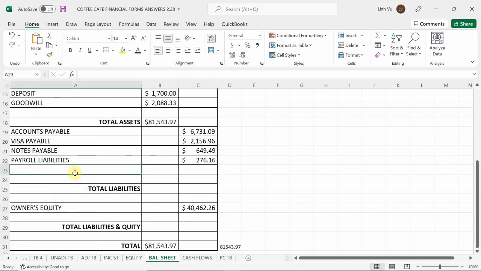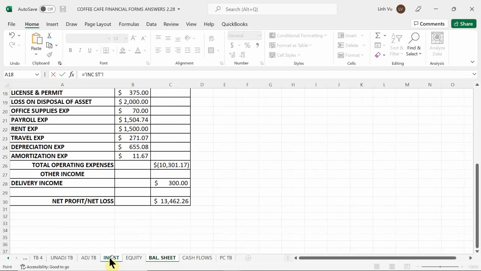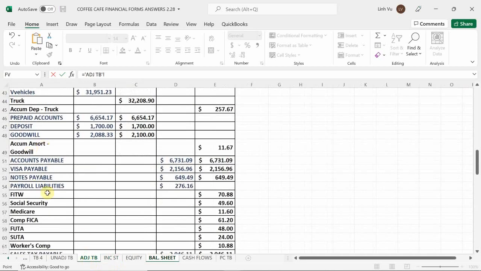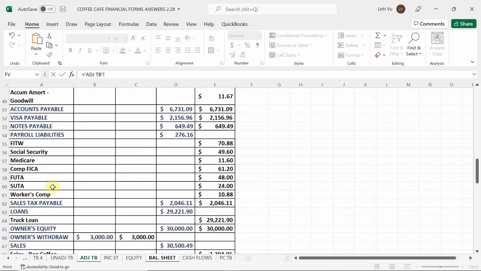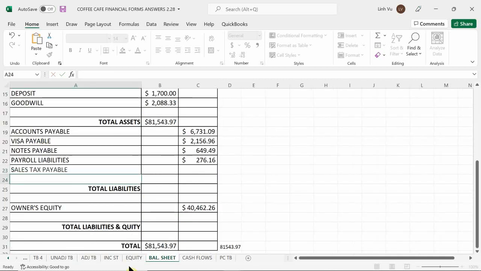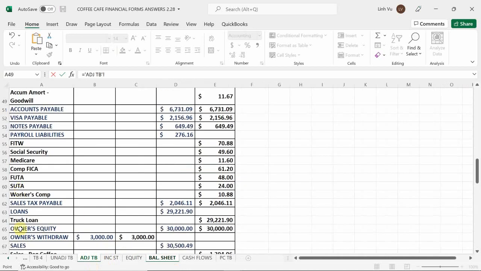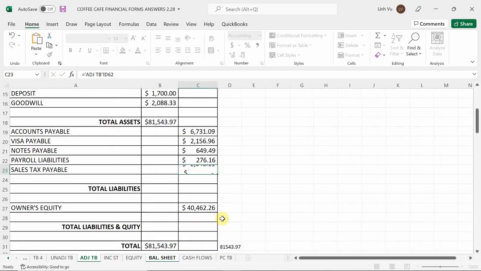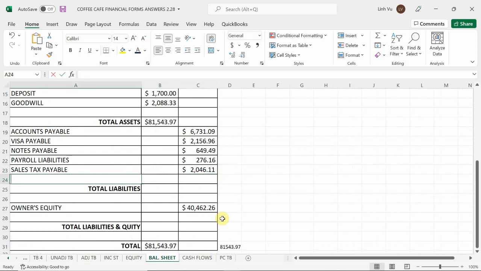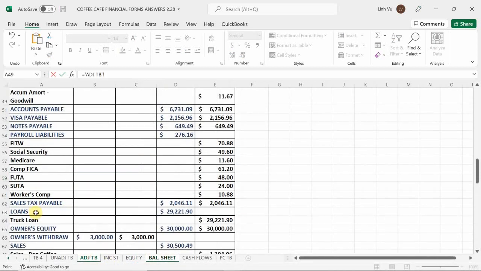My next liability, after payroll liabilities, is sales tax, currently outstanding at $2,046, because I didn't make a payment to my state or county. And last but not least, I have loans.